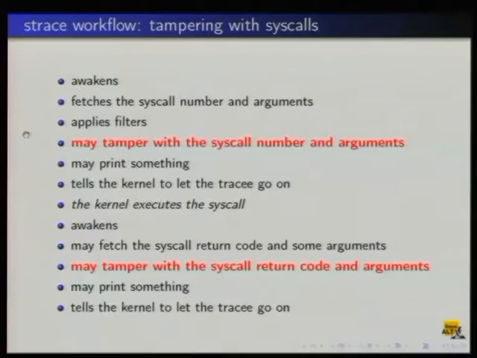As you've seen on this workflow slide, strace awakes several times, a lot of context switches, so it's quite a big overhead. But it's the only synchronous interface, so nothing is lost. Everything is very slow, but nothing is lost. All modern kernel interfaces are asynchronous, so you can lose some events, but they are orders of magnitude faster. So the ptrace interface is just slow, but synchronous.